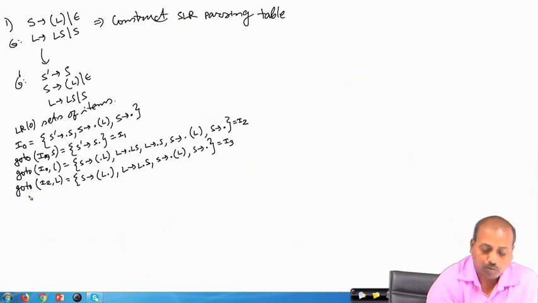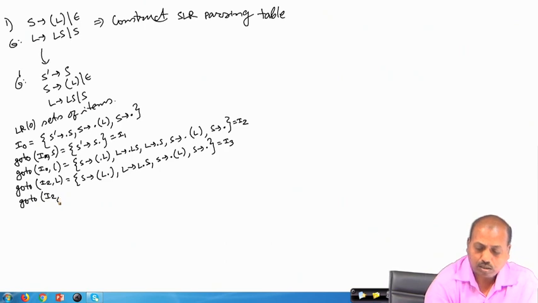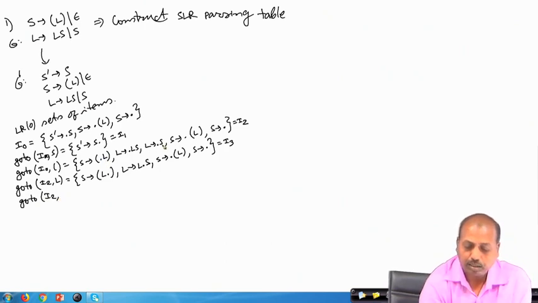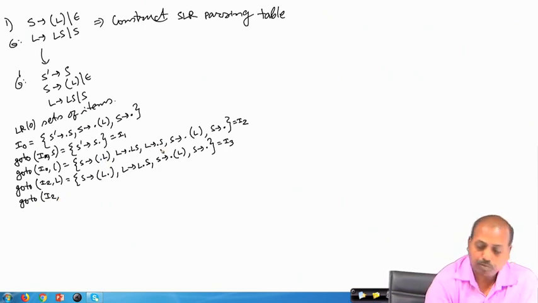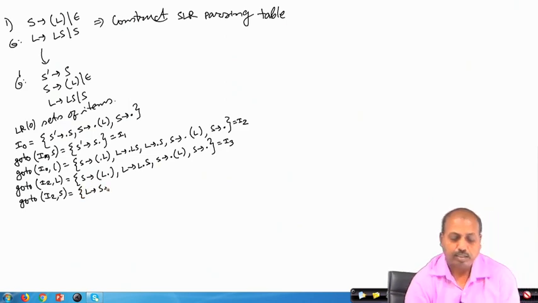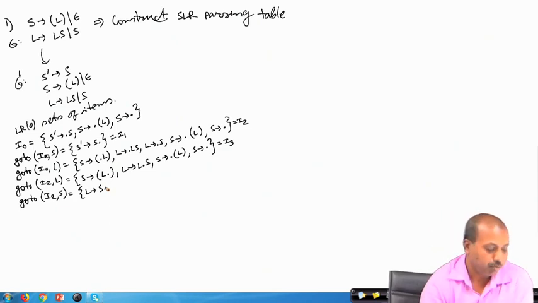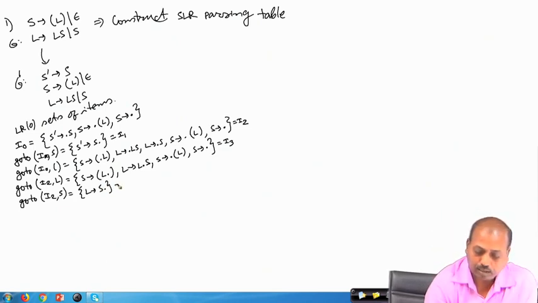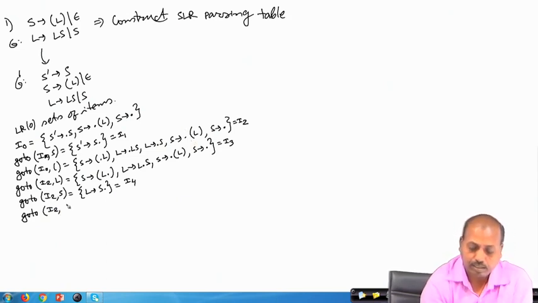Now, go to I2 L I have done. So, go to I2 S will give me L producing S dot. There is no other item where I have a dot before L. So, that is new item I4. Now, go to I2 open parenthesis.